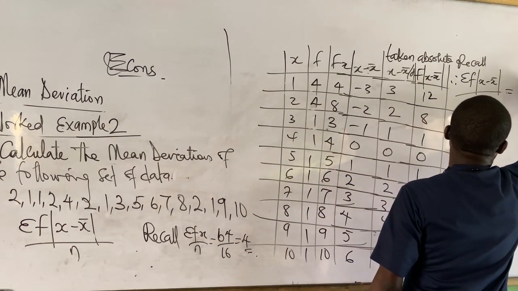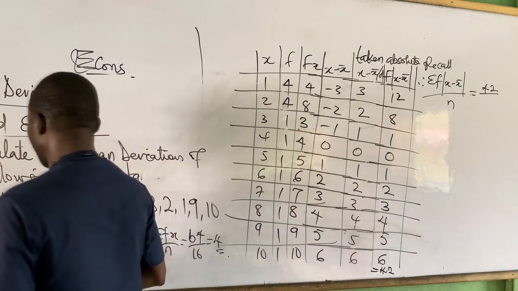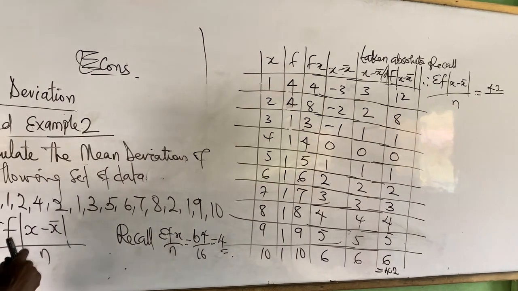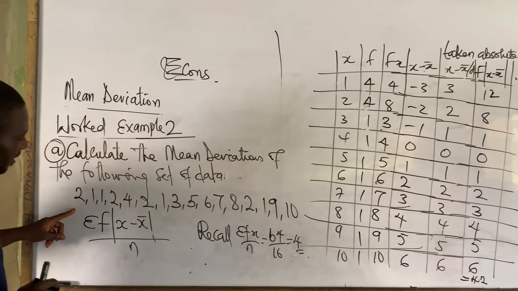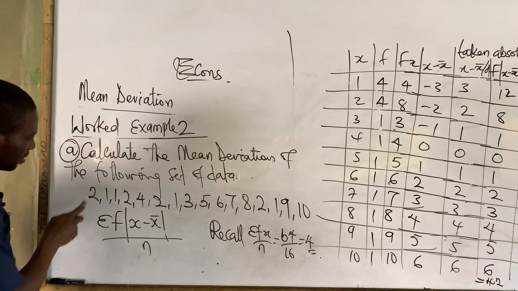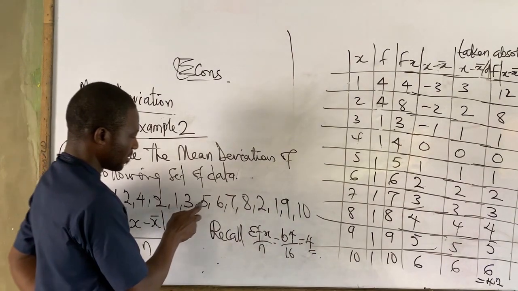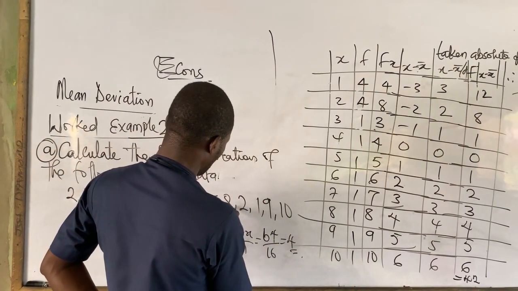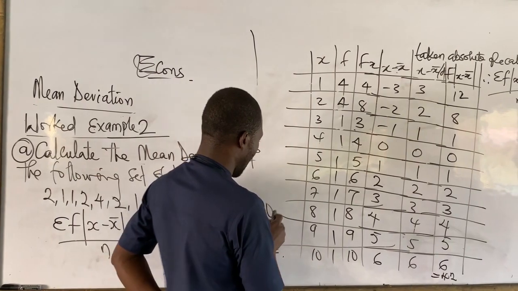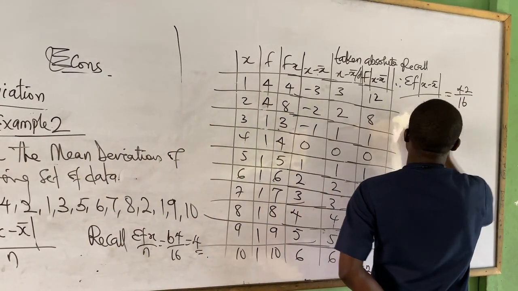So here we have 42 divided by n. The n there, remember, I said is the number of data given to us in total. Let's see: 1, 2, 3, 4, 5, 6, 7, 8, 9, 10, 11, 12, 13, 14, 15, and 16. So we have 16. We have 42 divided by 16.